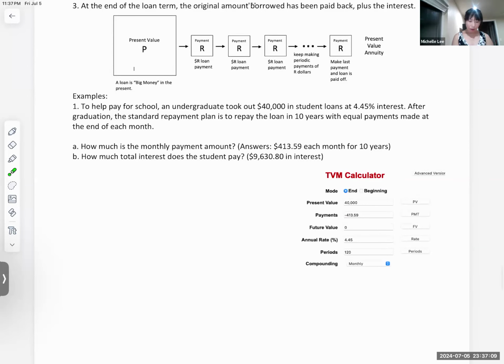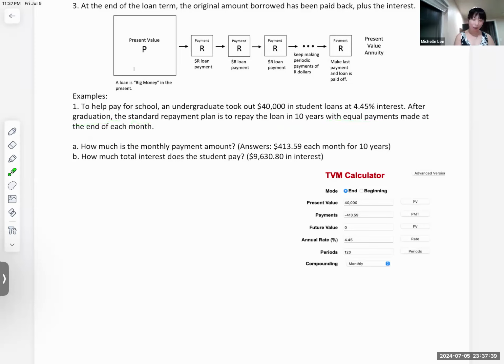Okay, so for example, to help pay for school, an undergraduate took out $40,000 in a student loan at 4.45% interest. After graduation, the standard repayment plan is to repay the loan in 10 years with equal payments made at the end of each month.